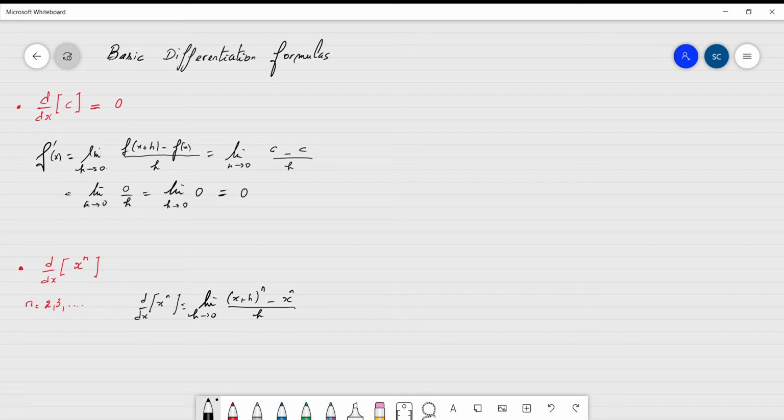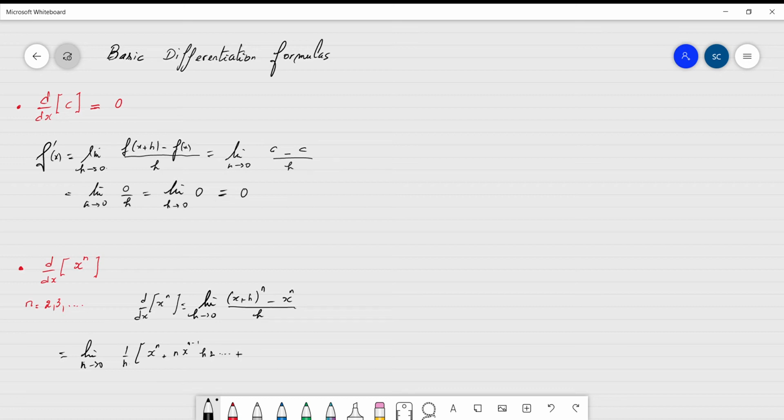So here the first term needs to be developed. We will use a well-known formula, but we don't have to memorize it. We give it to you, just the results. So if we develop it, we will get x to the n, then n x to the n minus 1 h, etc. Each time we decrease the power on one side and increase it on the other.